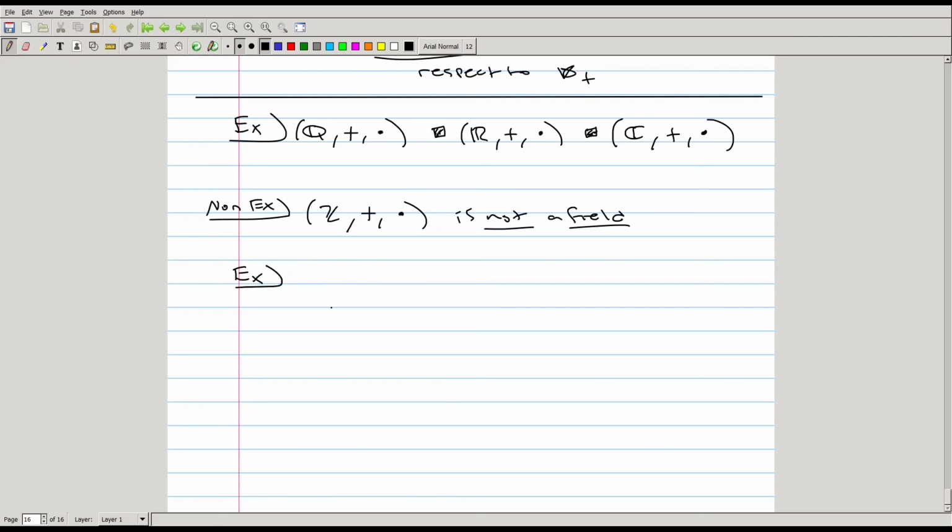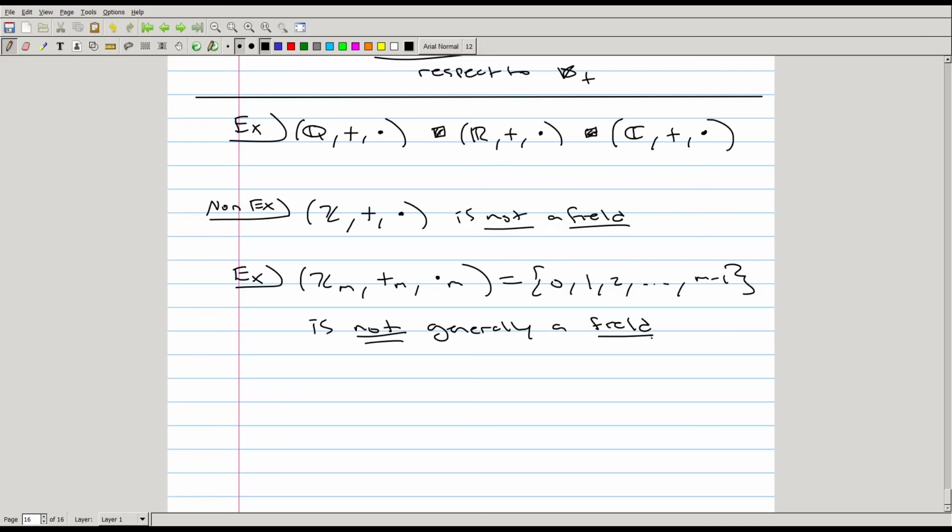Each one of these fields is also a ring. And for a very important example relevant to what we're talking about right now, the set of modular numbers with modular addition and modular multiplication is not generally a field, because of the lack of inverses. I mentioned this in a previous example.